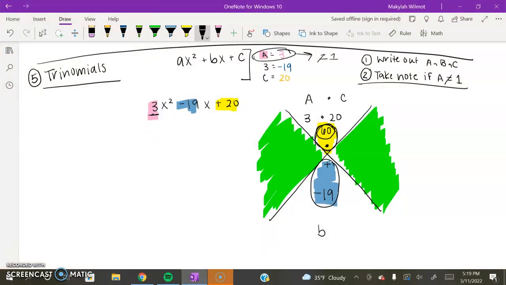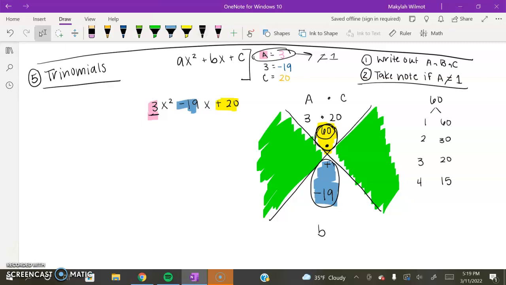So let's think of our factors of 60. You have 1 and 60, 2 and 30, 3 and 20, 4 and 15.